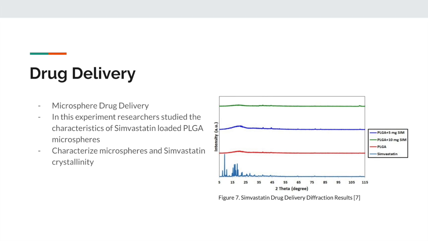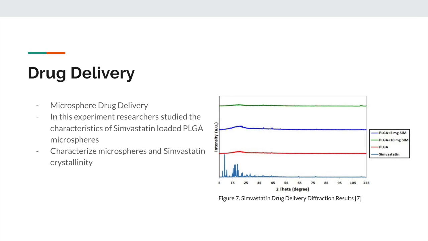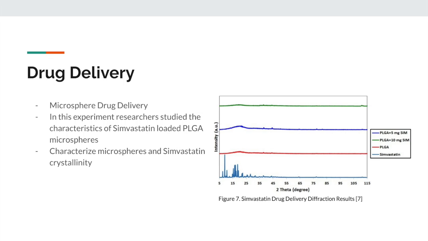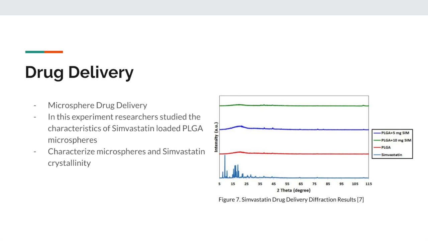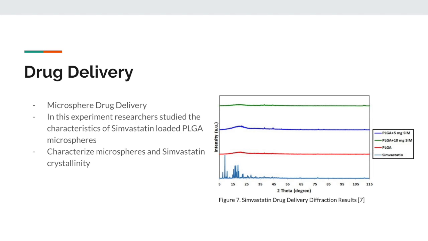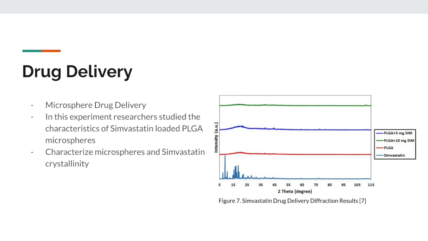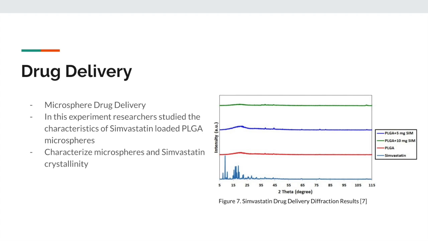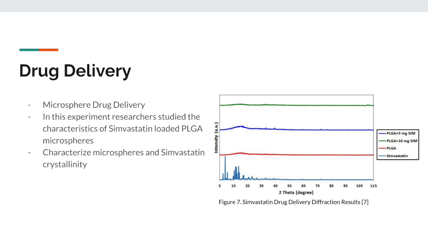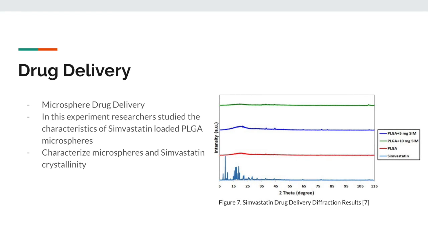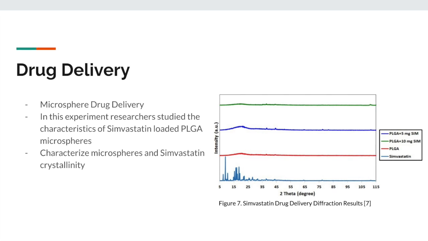To monitor the release rate and chemical reaction between the Cevastin and PLGA, both PLGA, Cevastin, and a combination of PLGA and Cevastin were analyzed using X-ray diffraction analysis. This analysis was performed using an Equinox X3000, which operated at a voltage of 40 kilovolts and a current of 30 milliamps.